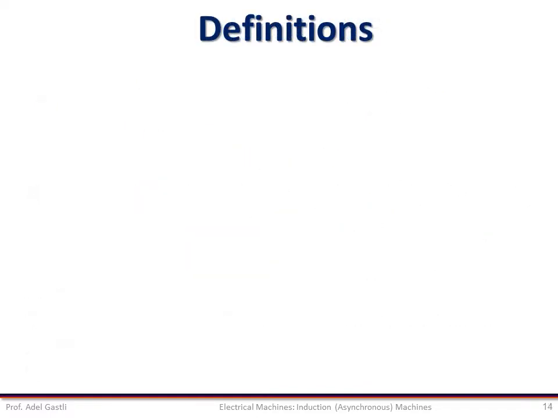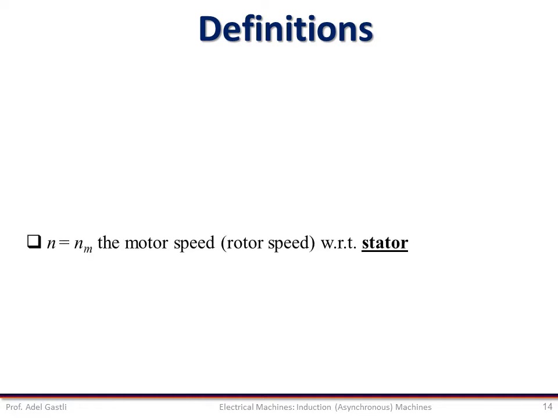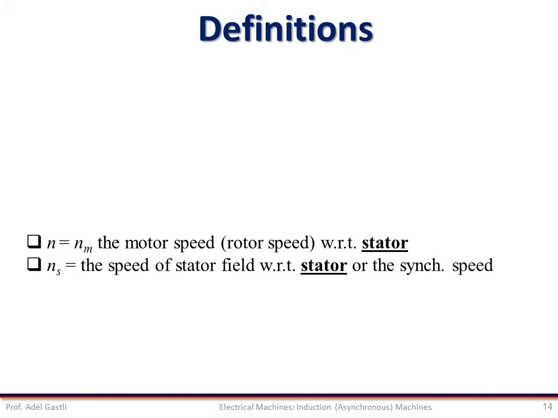Before finishing this part, let us summarize some important definitions. We designate by n the rotor speed or the motor speed with regard to the stator. And ns will designate the speed of the stator field with regard to the stator, or what we also call the synchronous speed.